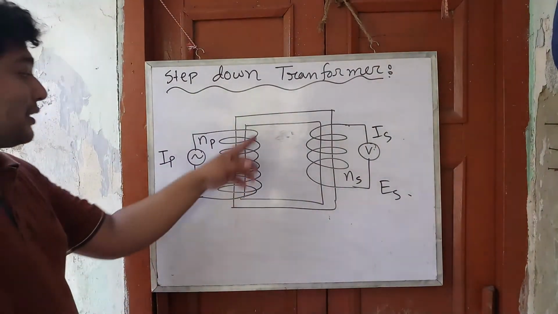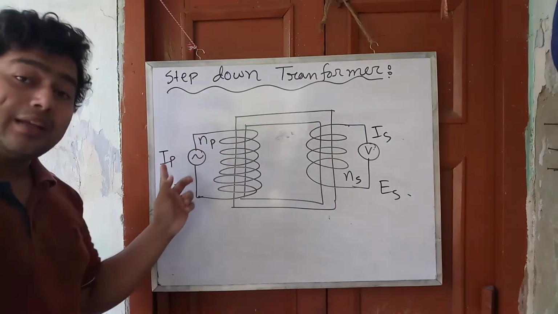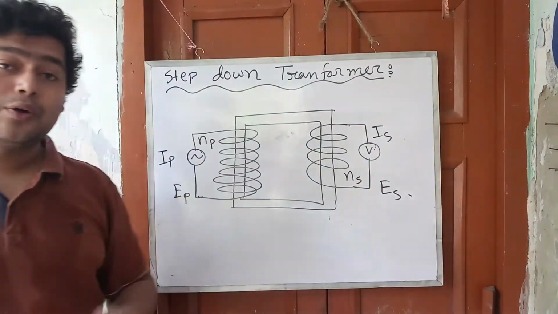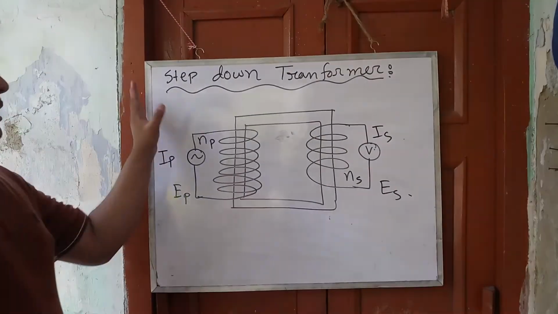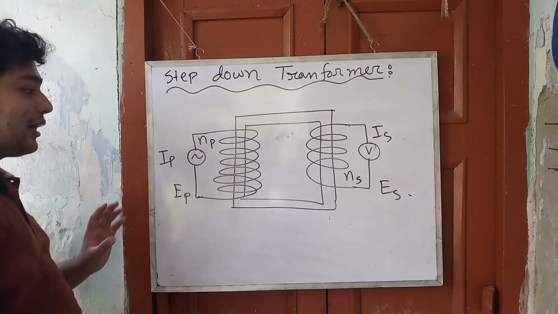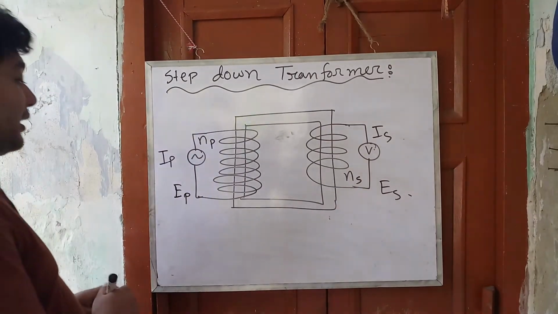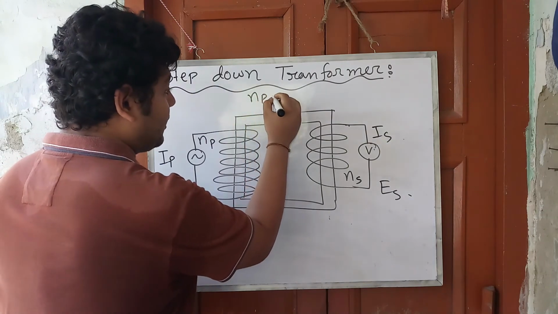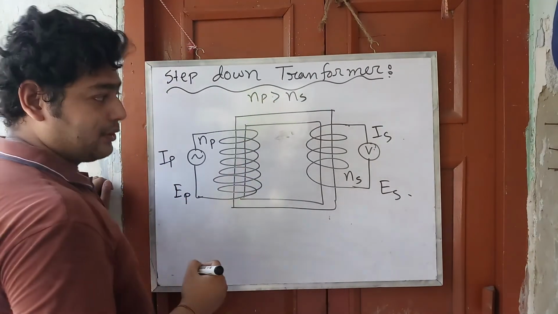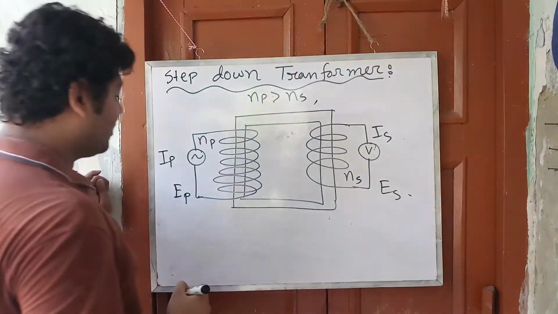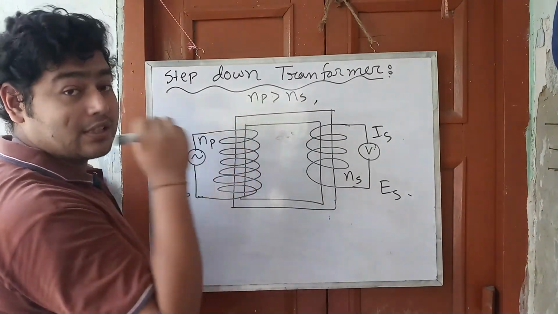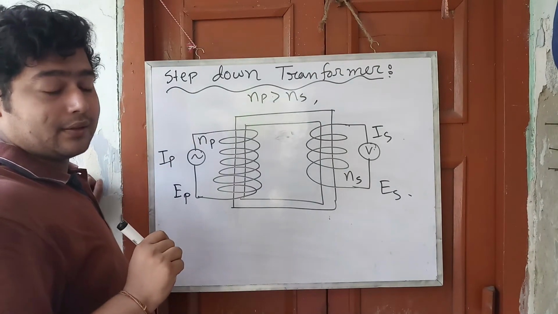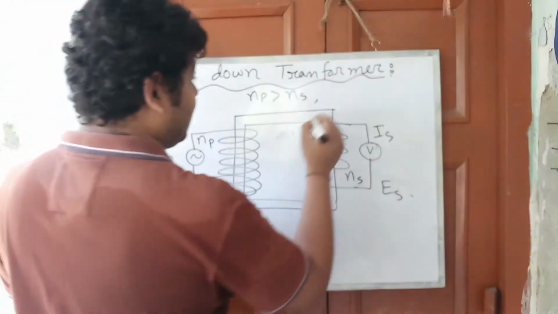This is the input part, known as the primary coil, and the output part is known as the secondary coil. For the step-down transformer, the conditions among these three terms are: NP greater than NS. These conditions are very much important for MCQ questions.